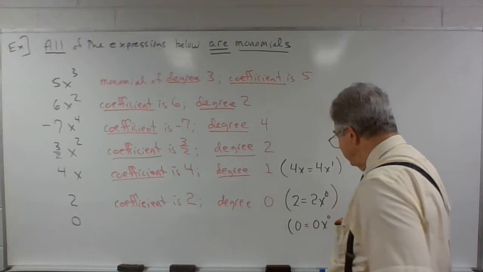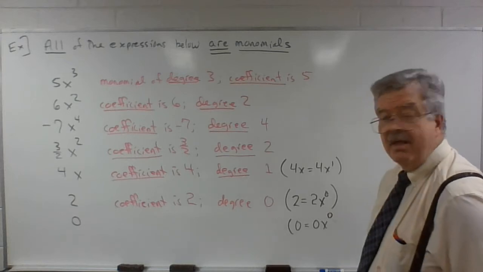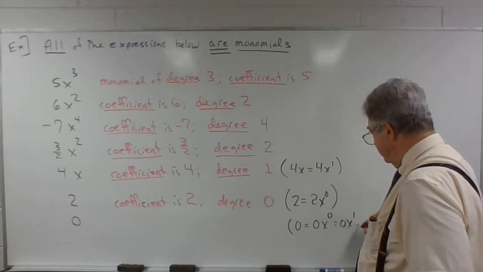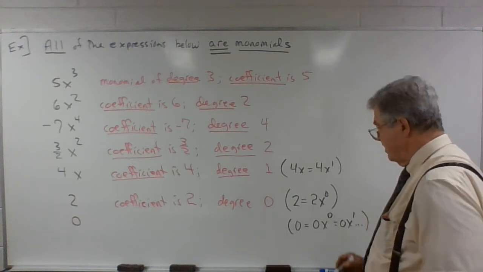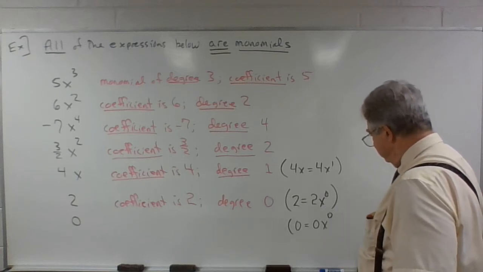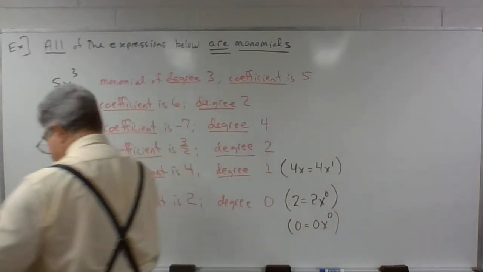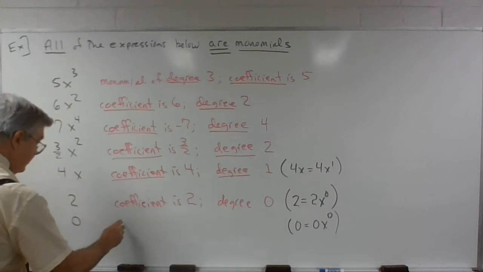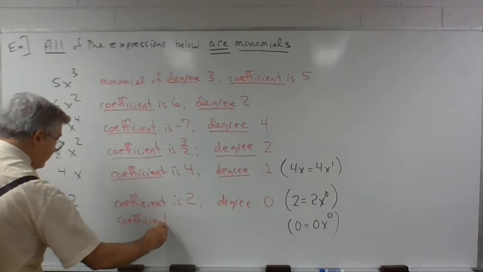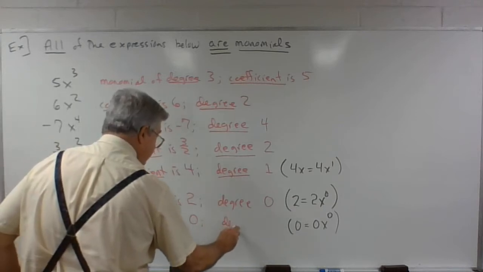Now I can write that a lot of different ways. For example, I could say it's 0 times x to the 0. I could also say it's 0 times x to the first, can't I? And so on. But tell you what, let's just say that it's 0 x to the 0. And that way, we'll say that the coefficient is 0 and the degree is 0.